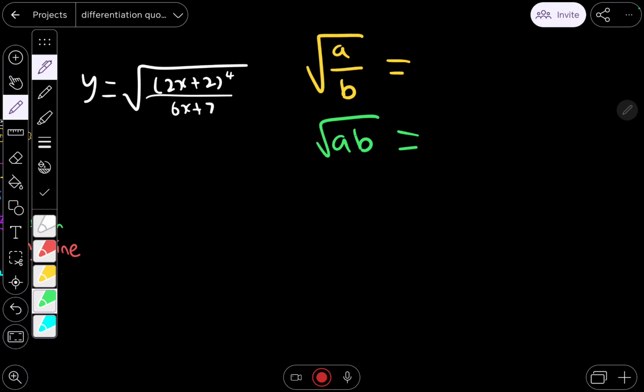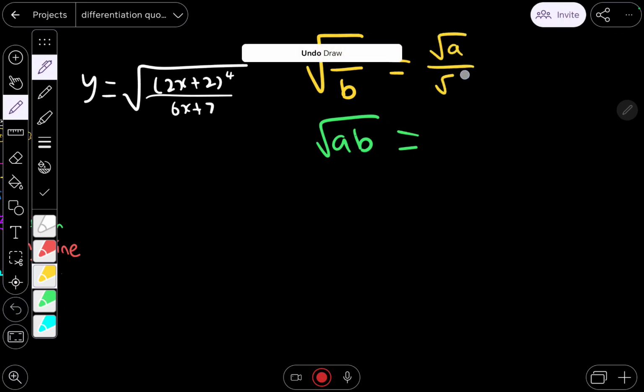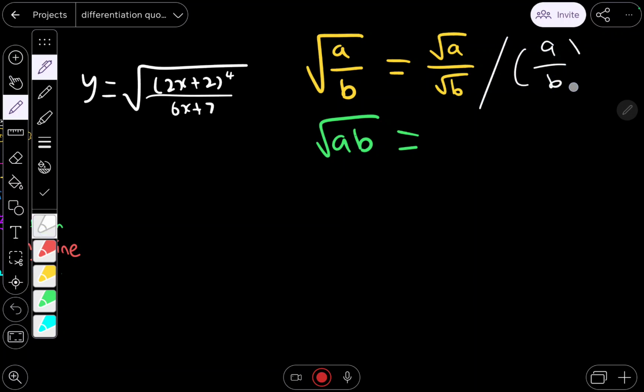We know that square root a over square root b can be expressed as square root a over square root b. Or you can express it like what I'm going to write in white, (a over b) to the power half.